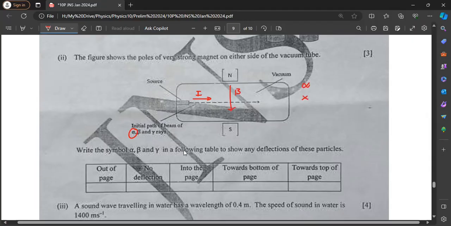Alpha particle will go inside the page. Then obviously beta particle will come out of the page. And gamma is going to go straight because it has no charge. So into the page is alpha, out of the page is beta, and no deflection is gamma. Okay, any question on this? This is use of Fleming's left-hand rule.